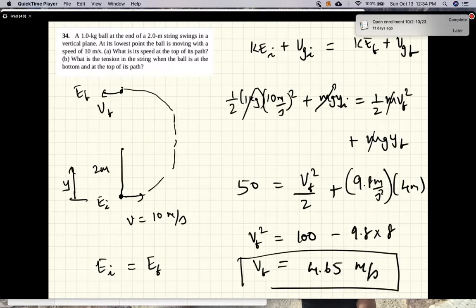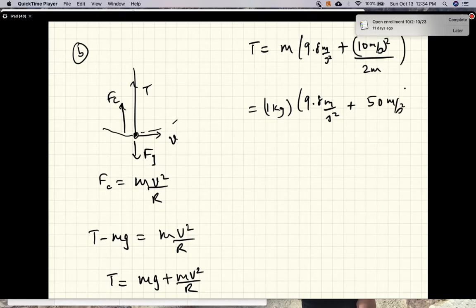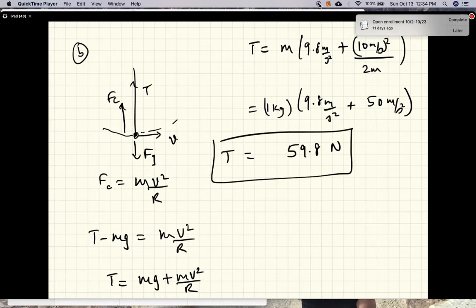At the bottom, the velocity is 10 meters per second, and the radius is 2 meters. Okay, so 1 kg into 9.8 plus 50 meters per second squared. Okay, so 59.8 newtons is the tension at the bottom.